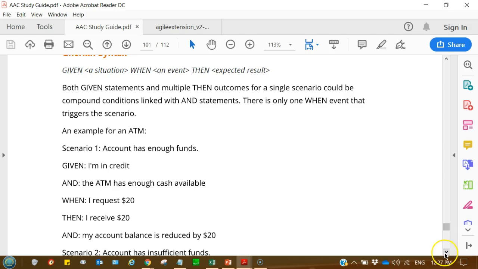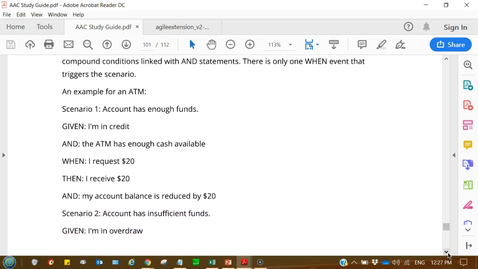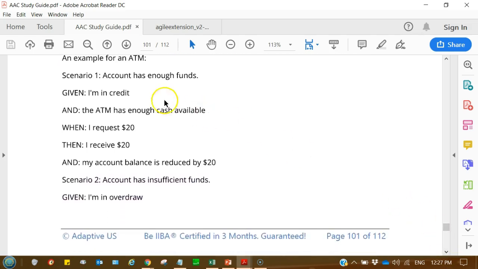There are specific scenarios so that you have only a single when event. So you can have a specific ATM example. Given I have enough money in my account and the ATM has enough cash available, there are two givens, two constraints that need to be in place in order for me to be able to successfully execute this particular test.